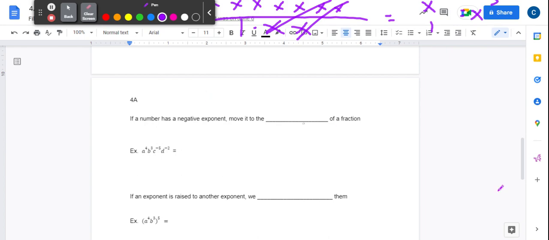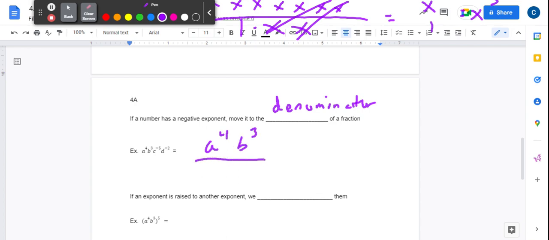If we have a number that has a negative exponent, what we do is we just move it to the denominator of a fraction. So if we have something like a to the fourth, b cubed, c to the negative fifth, d to the negative 2, we'll keep the a to the fourth, all the positives we'll keep on top.